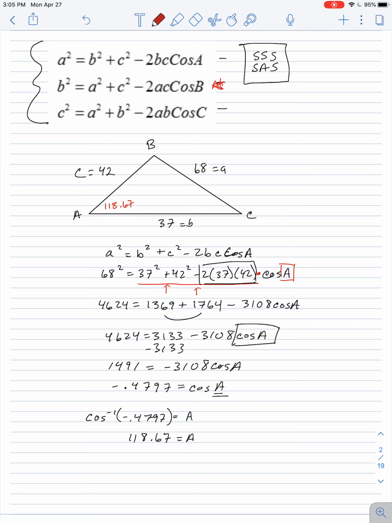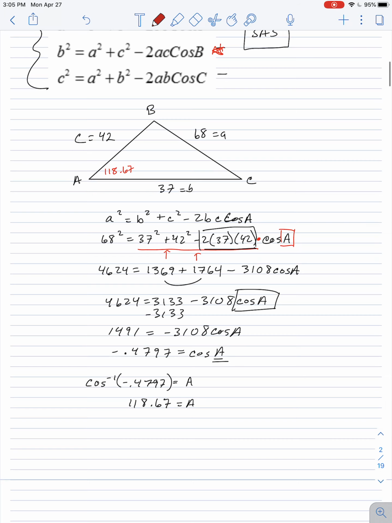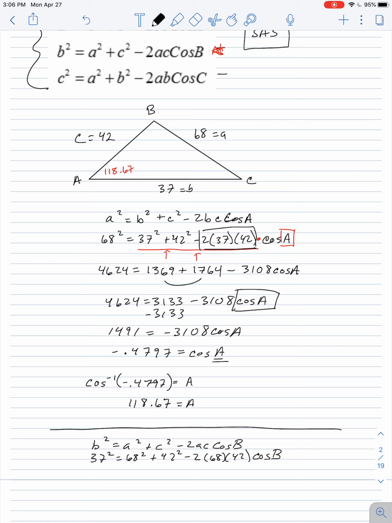So I'm going to use a different formula this time. I'll use the second one so I can find B. So B is 37 squared. A is going to be 68 squared, 42 squared, 2 times 68 times 42 cosine of B. And the algebra looks the same.